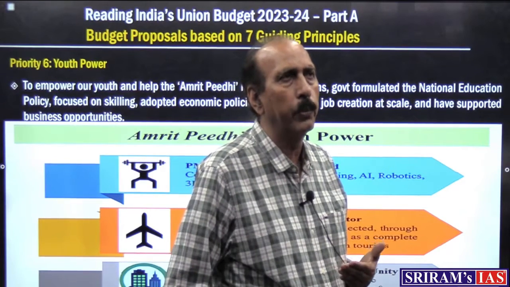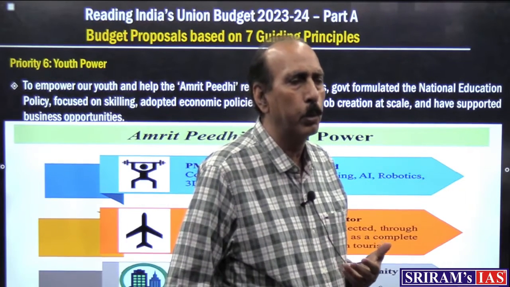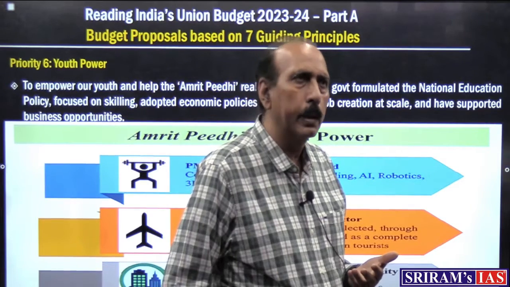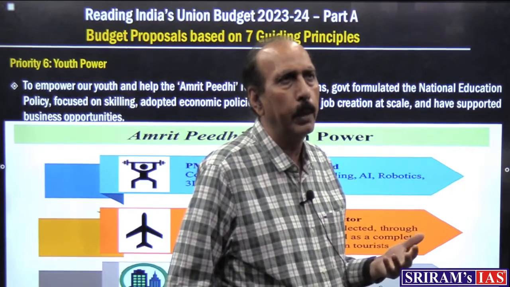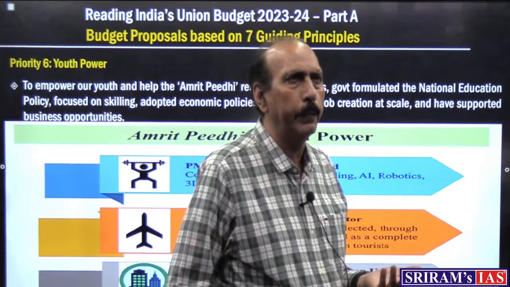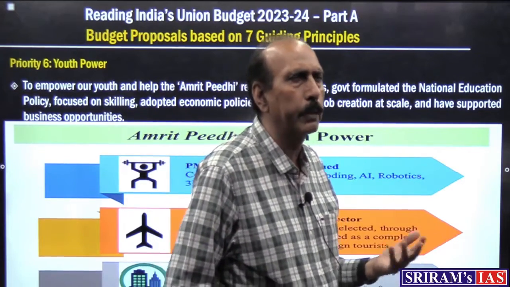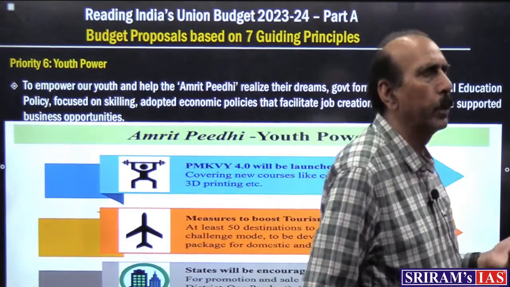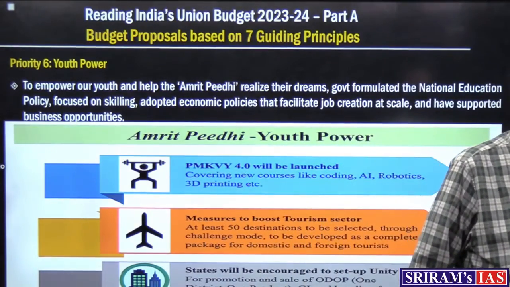And this demographic dividend is not available to us forever. It is also going to end by maximum 2050. Some estimates are saying 2055. But obviously in the next 30 years, we are not going to have this dividend with us.